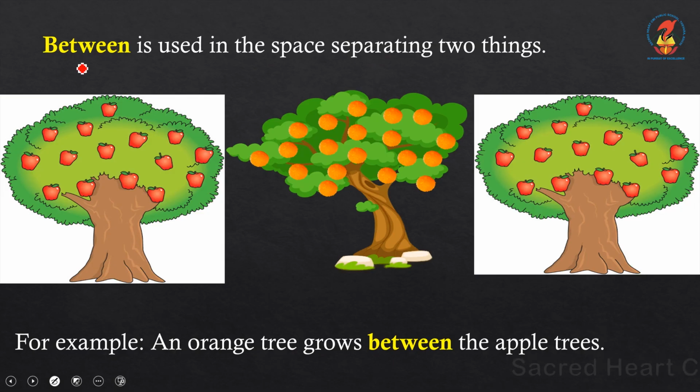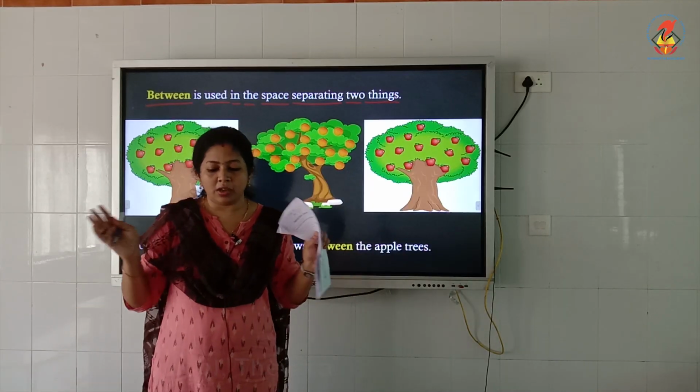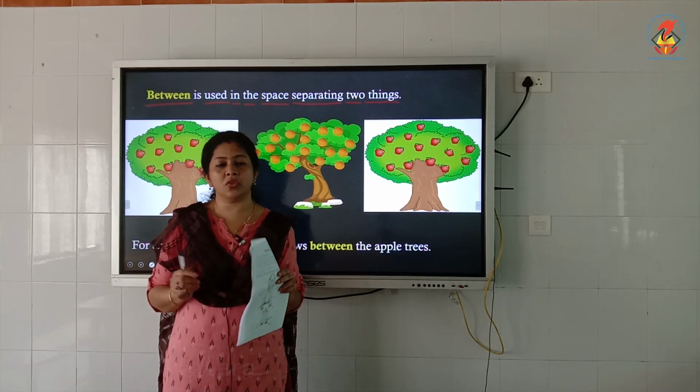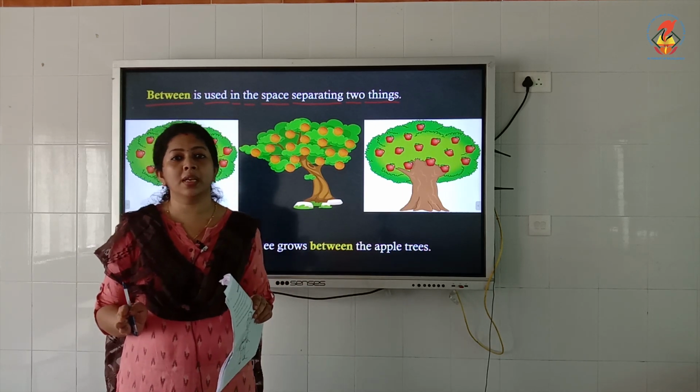Next is between. Between is used in the space separating two things. When is between used? In the space separating two things. You have two things on either side. For the space separating two things you use between.